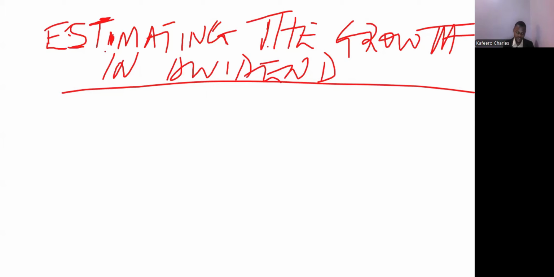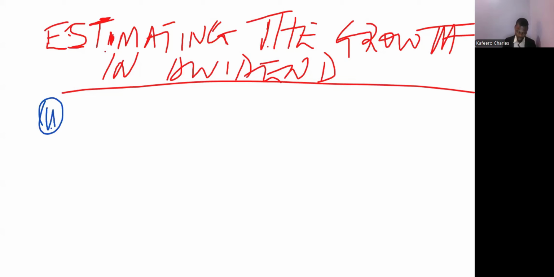We also discussed this in paper 10, but we are repeating it so that we are on the same page, because it would be very sad for you to fail things that you already know. There are two methods that we can use to compute the growth when the dividends are not constant.